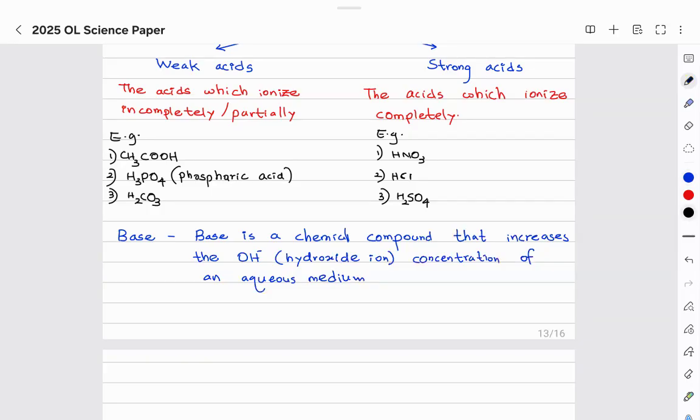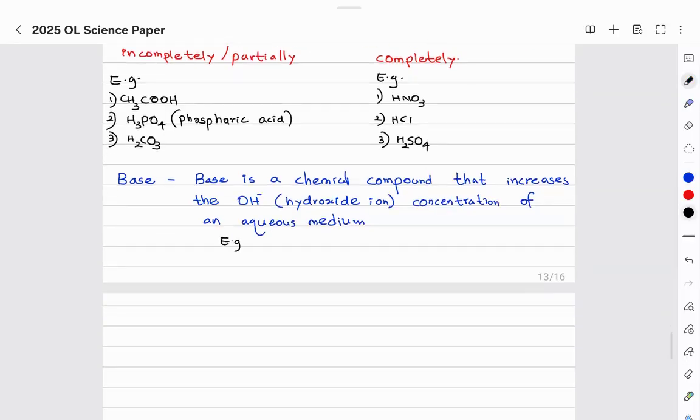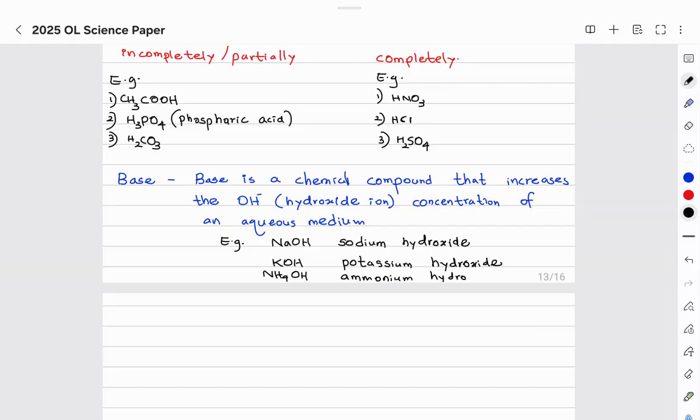Let me give you a few examples. NaOH, KOH, NH4OH: sodium hydroxide, potassium hydroxide, and ammonium hydroxide. So these are the bases. Can you see that they are releasing OH minus?